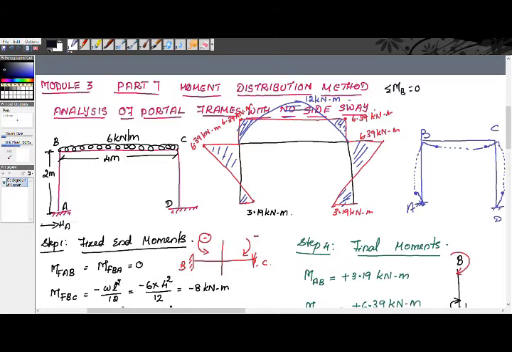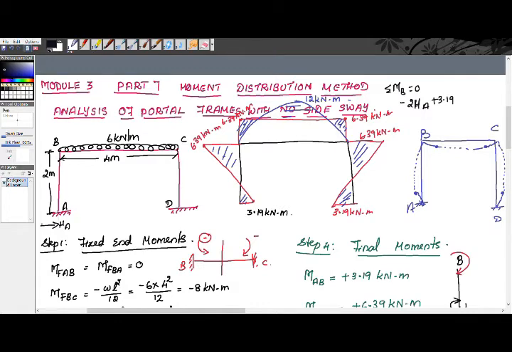So minus 2 HA, we are taking the moments about B. Then we have the moment at A. What is the moment at A? Plus 3.19 clockwise, right? So plus 3.19.